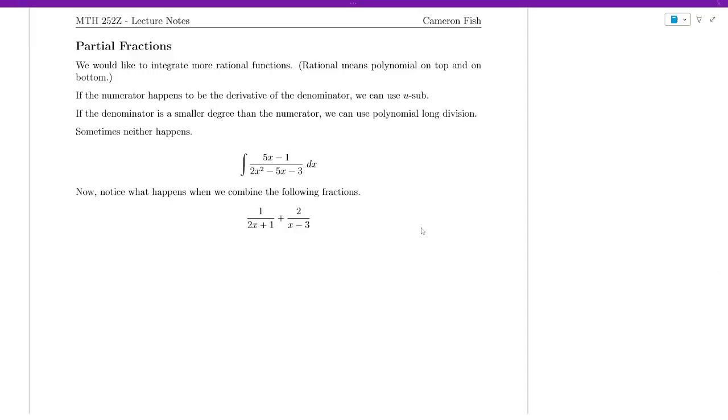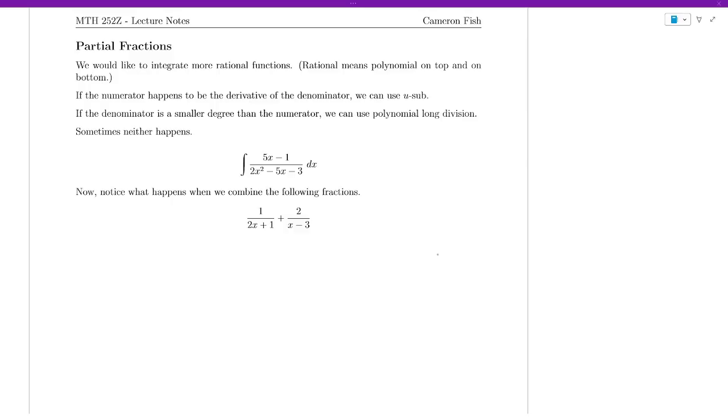Remember our theme today was polynomial divided by polynomial. If the top polynomial was larger, we could maybe do long division. Here, the bottom polynomial is larger degree, so we're not going to be able to do long division. But it turns out there's a cool algebra trick we can do.